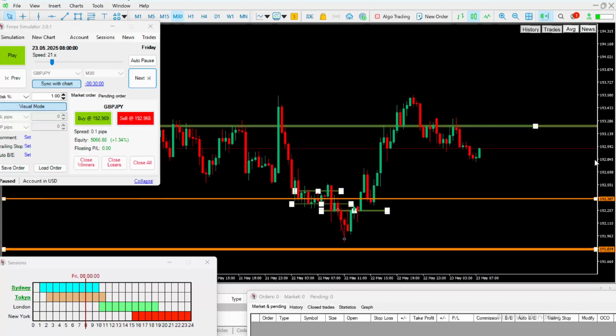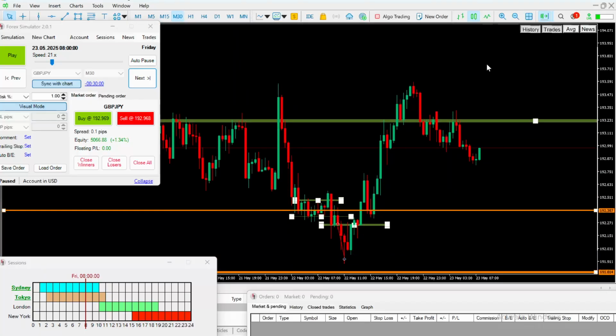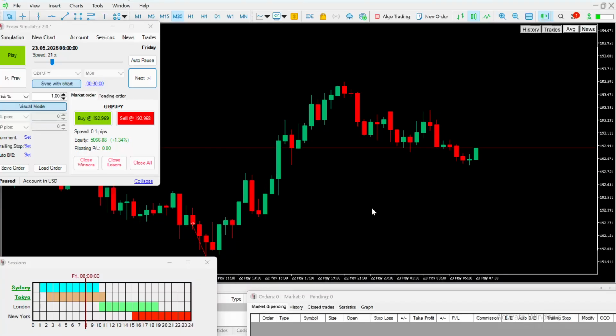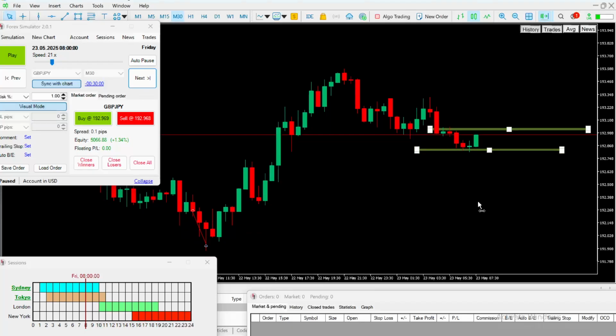So on the 30 minutes, the plan is, let's erase everything and then do this clean chart: support, resistance.